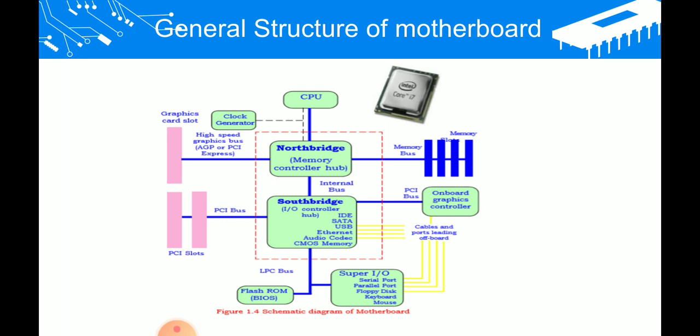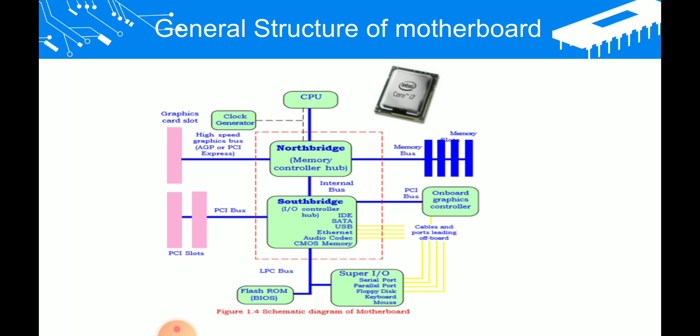Now this movement of data between the processor or CPU and the primary memory, RAM or ROM, is established by a communication path called a bus. So you can see memory bus, PCI bus, and so on.